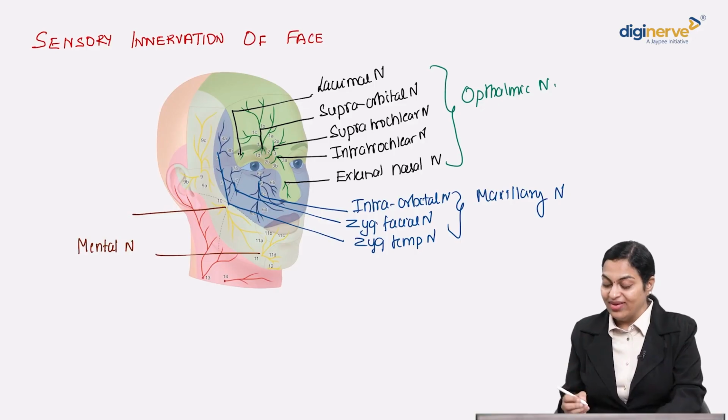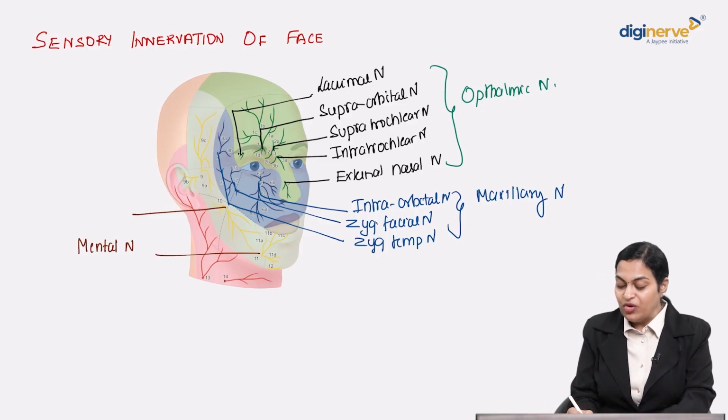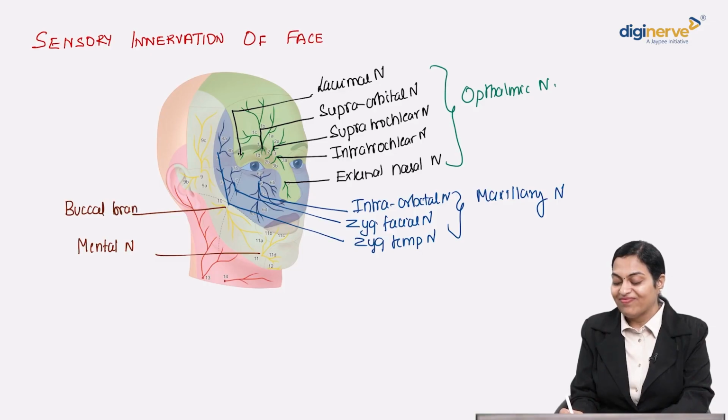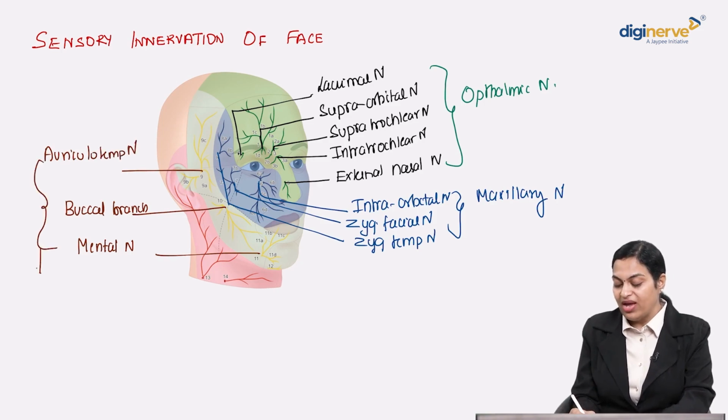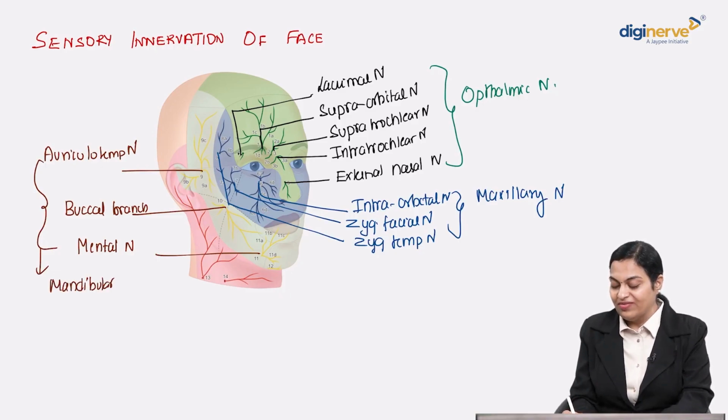And this one here, yes, that is going to be the buccal branch. And just above, this is the auriculotemporal nerve. And all these are branches of the mandibular division of the trigeminal nerve.